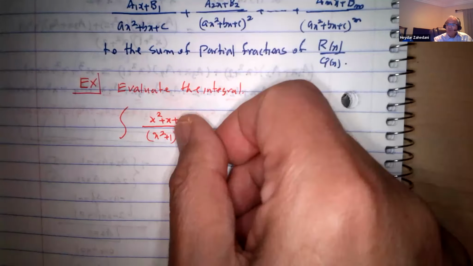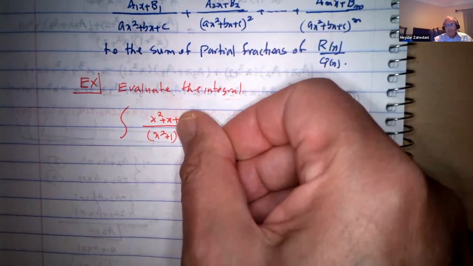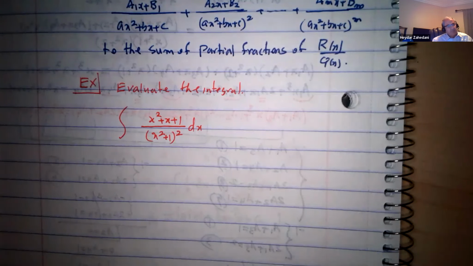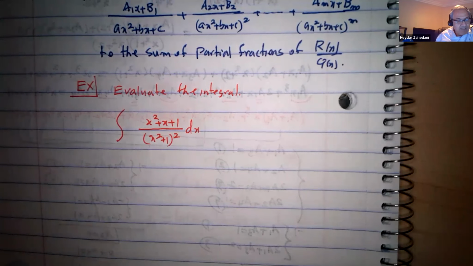See, if there is no power, it's non-repeated. You know how to do this one. Just put in a1x plus a2 on the top. Since it's repeated, we repeat it again. Just write 2, because you should have 2 fractions for the decomposition of this one. And then the same procedure that I talked about. That part takes time. Otherwise, this integral is not that hard.